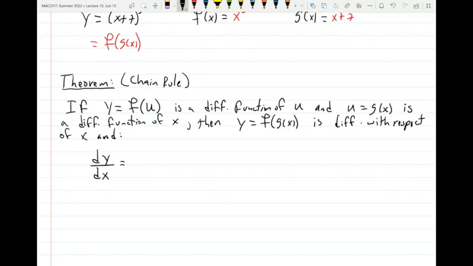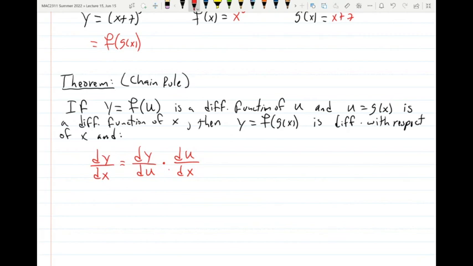This is the chain rule. dy dx is first do the derivative with respect to u, because y is a differentiable function of u, so you can talk about dy du, but then you multiply this by the derivative of u with respect to x. Okay, so it's dy du times du dx.